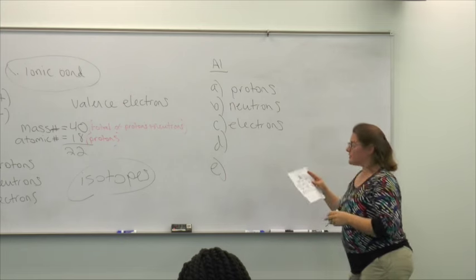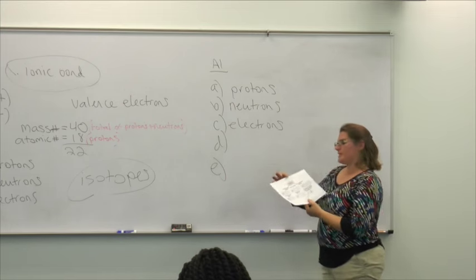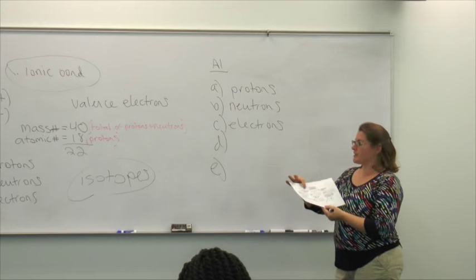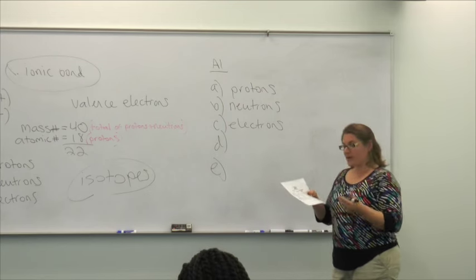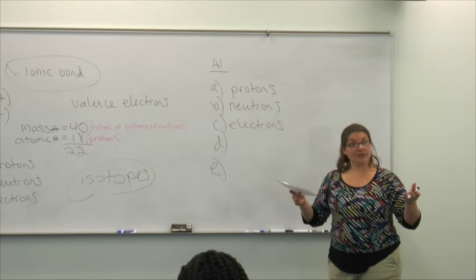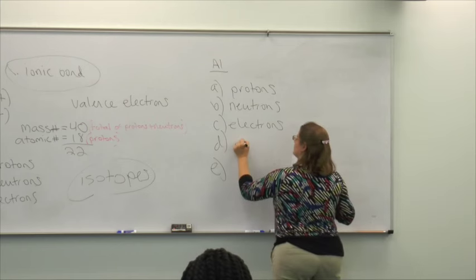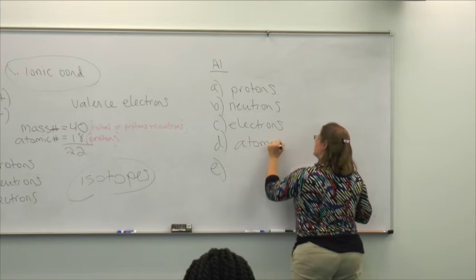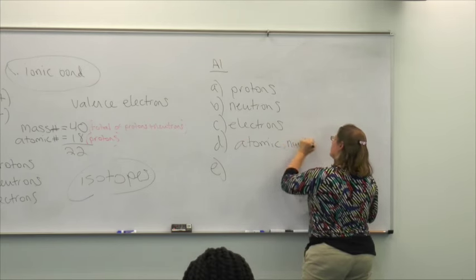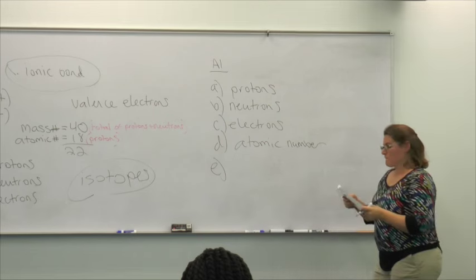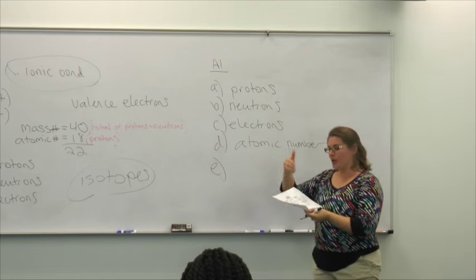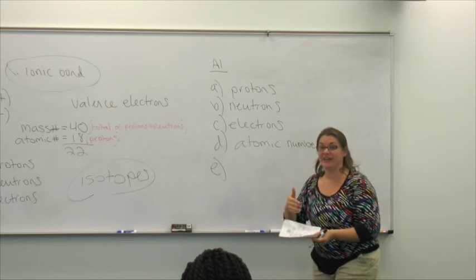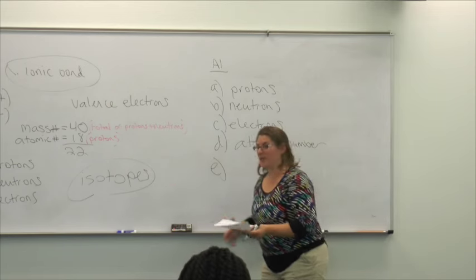Now letter D. Let's follow that sentence back to the beginning. Atoms have positively charged protons, and the number of protons present equals the atomic number. For letter E, atoms have neutral neutrons, and the number of neutrons may differ in isotopes.